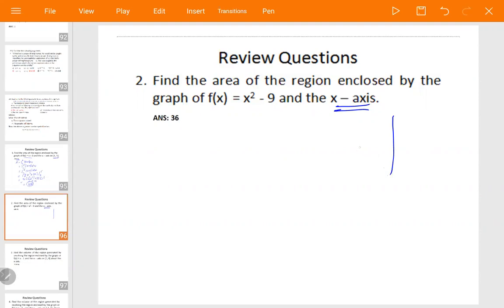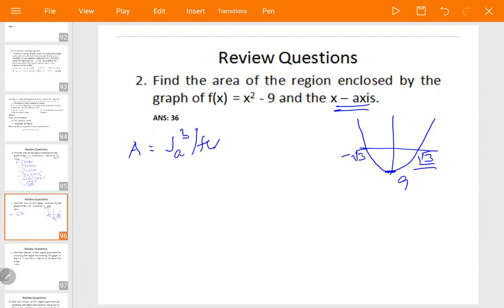Now, if you look at our function, x squared minus 9 is a parabola of this type, where its vertex, turning point, is at negative 9 and its x-intercepts are at negative square root 3 and square root 3. Therefore, the area will be the integral from a to b of the absolute value of f of x dx. In our case, a and b are negative square root 3 and square root 3.